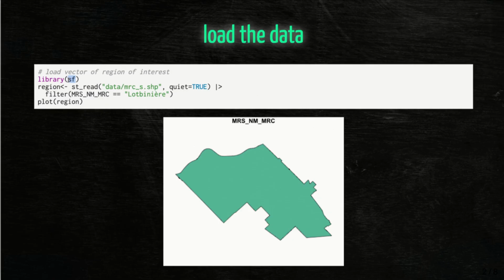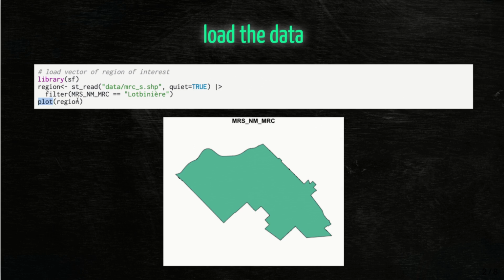So, with the package sf, we have access to a function called st_read. With this function, we can load a shapefile in which there is a polygon. In this case, the polygon is the border of a region in Quebec called Lotbinière.